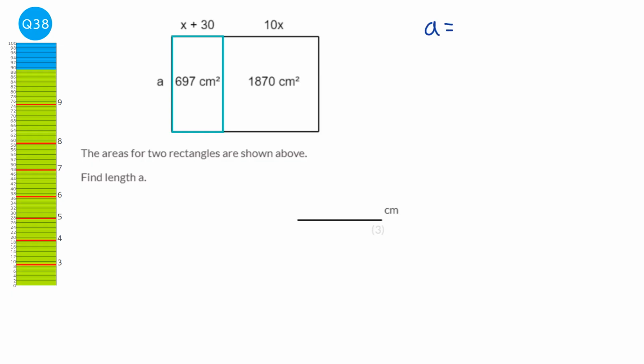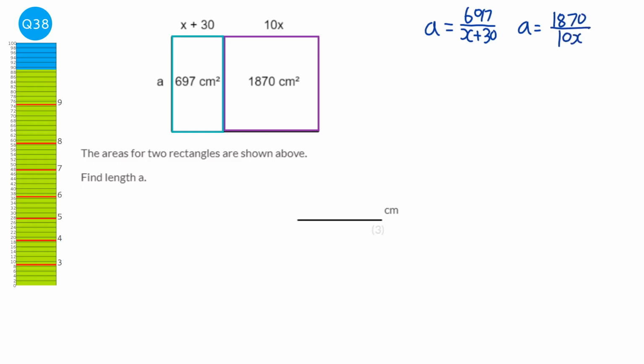A will be equal to the area, which is 697, divided by the length at the top, which is x plus 30. Now let's focus on the other rectangle. This time we have A equal to the area of it, which is 1870, divided by the 10x.